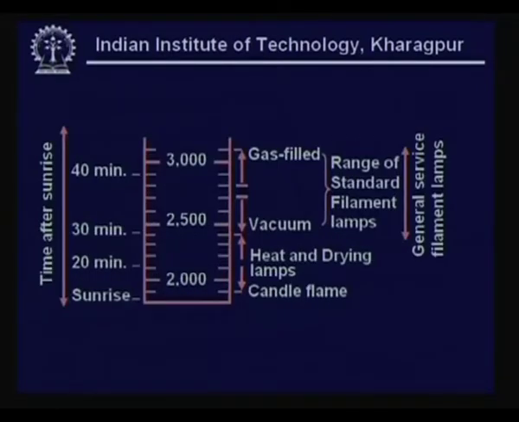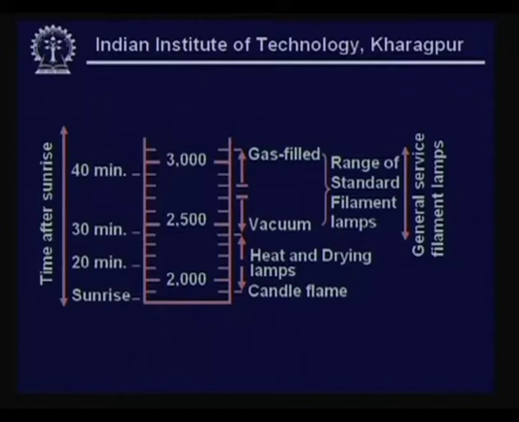You can also see the range of gas filled and vacuum lamps. We will see that the incandescent lamps, which are put in a bulb or glass envelope, could be evacuated or could be gas filled. The gas filled lamps come in the range of 3000 degree Kelvin, whereas the vacuum lamps come around 2500 degree Kelvin.